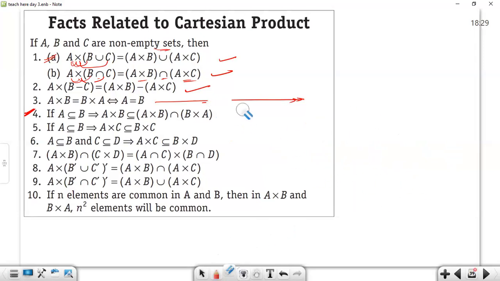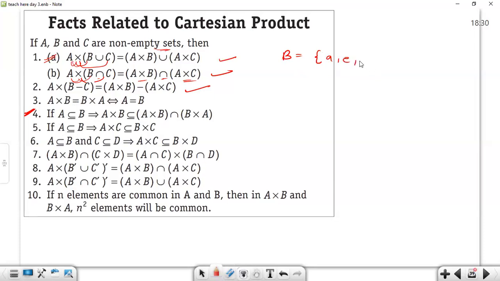For taking examples where conditions are given, even if we are assuming any variable in any given question, we have to satisfy the given conditions related to the variable that we are assuming. So here we are going to assume A and B. It is given that A is a subset of B. So let's take B set first.